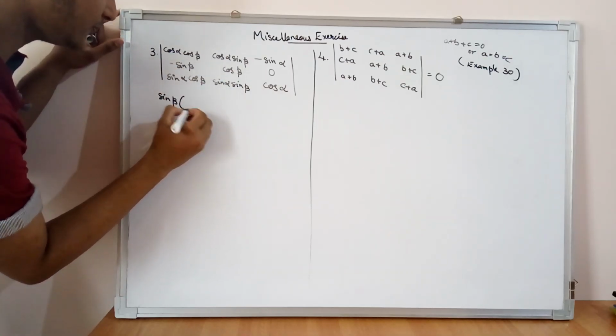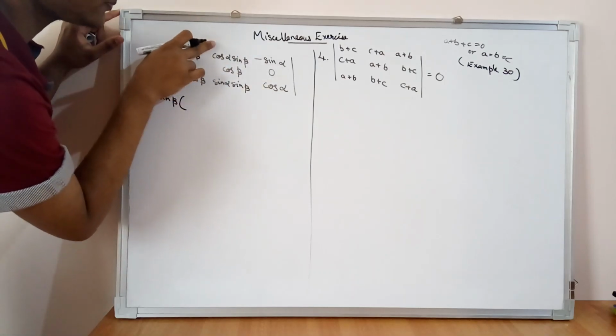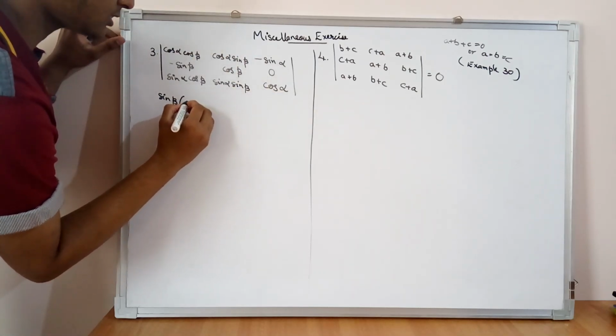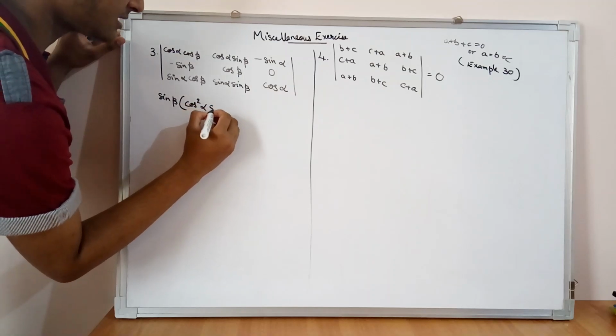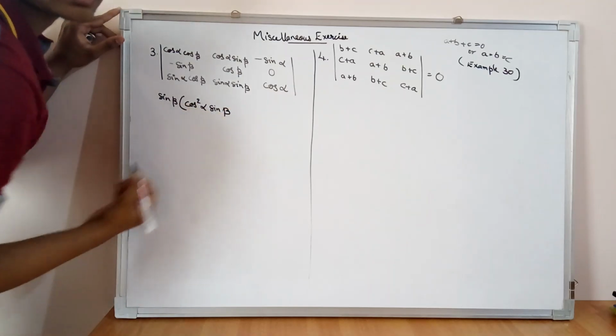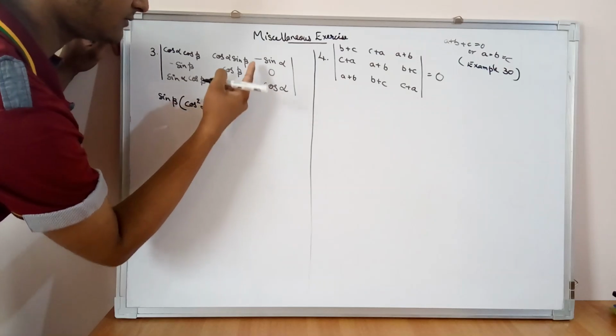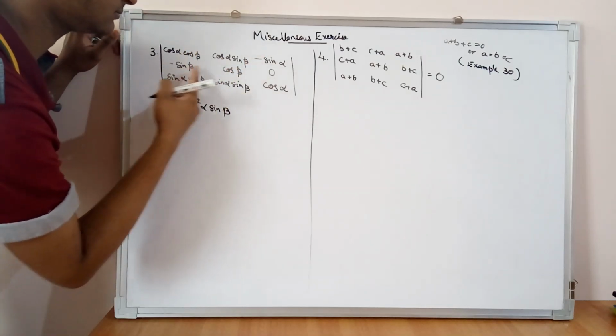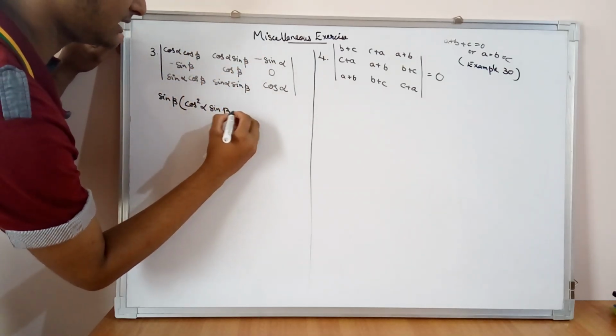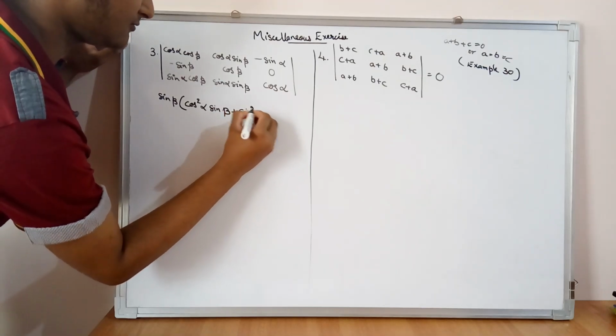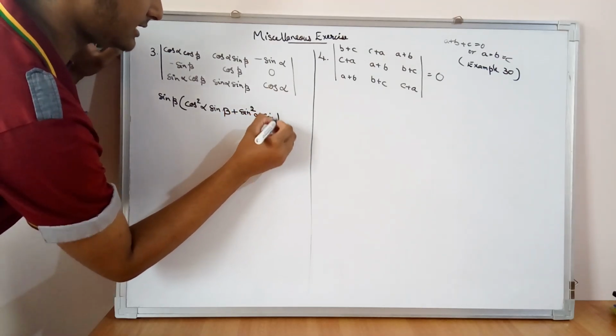Sine beta into cos square alpha sine beta. Then we have plus sine square alpha sine beta.